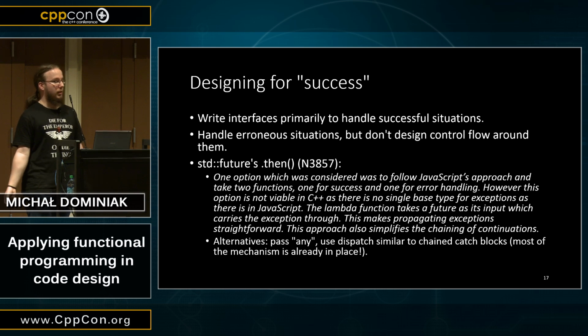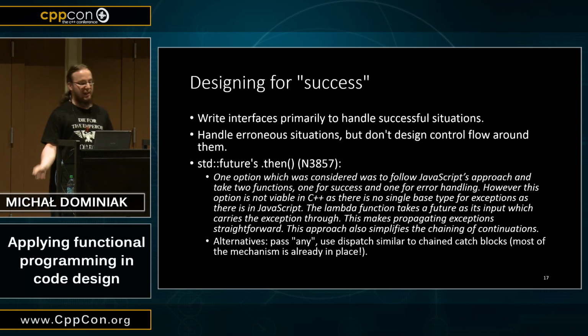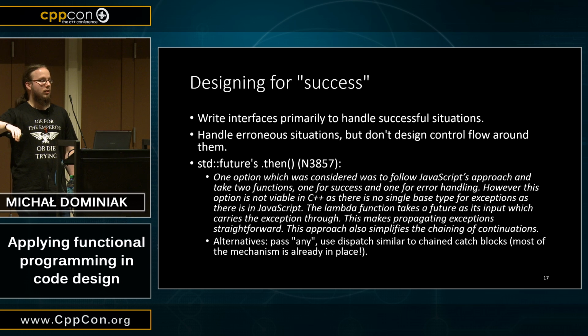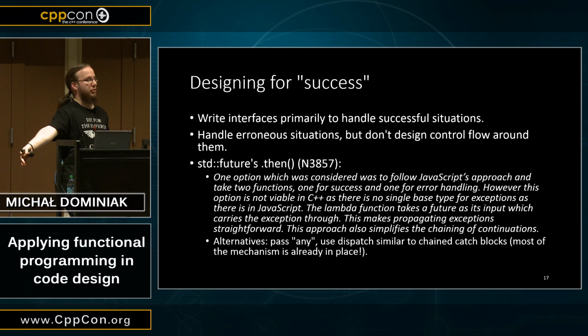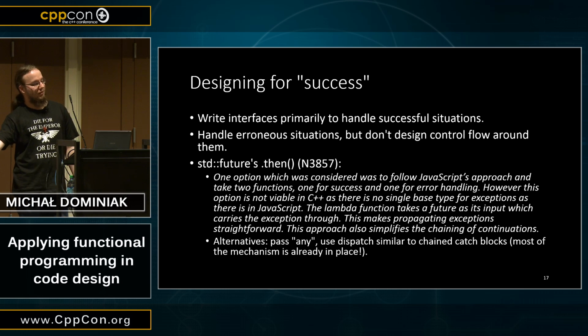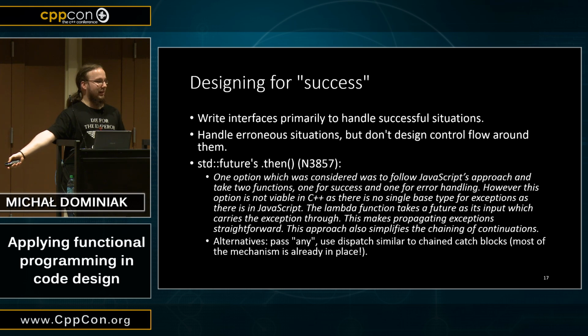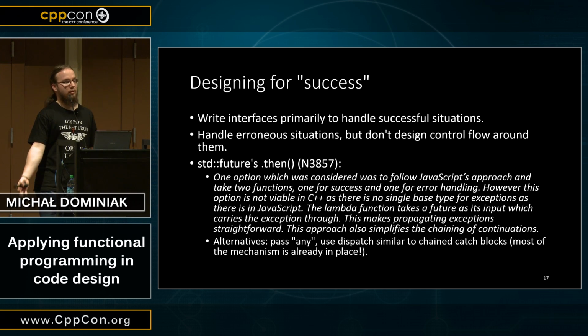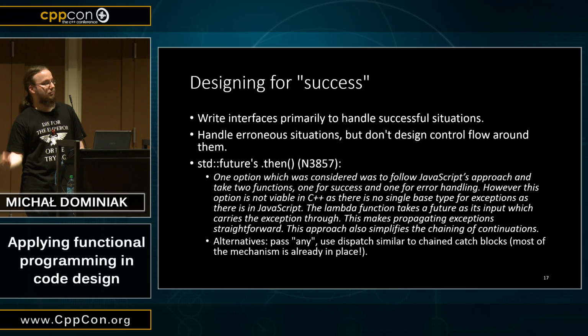So that means we cannot take the approach of passing the exception by value to a continuation for the error case. So we will just pass a future to .then, and then people can rethrow it by calling .get on the future inside the continuation.